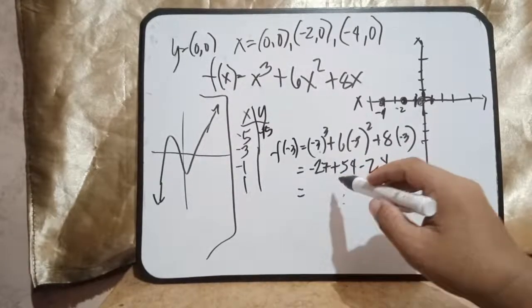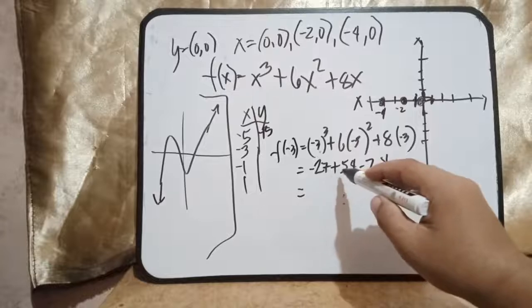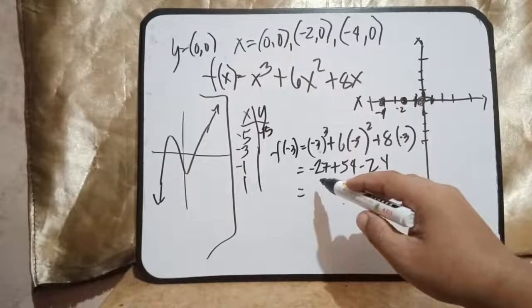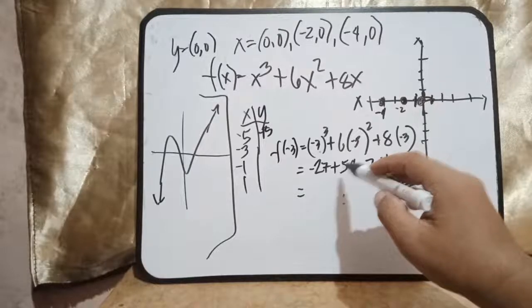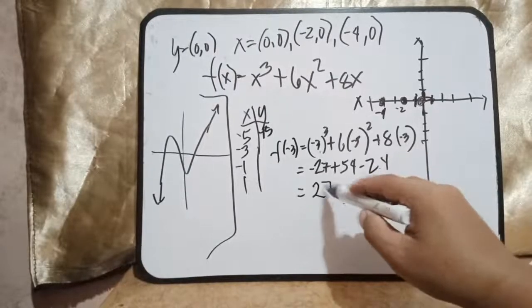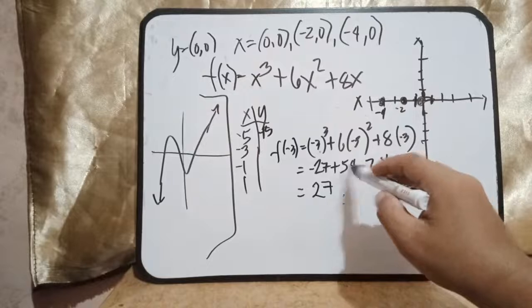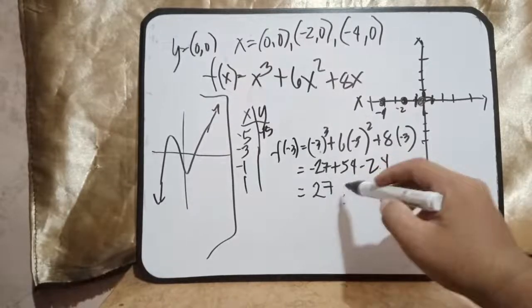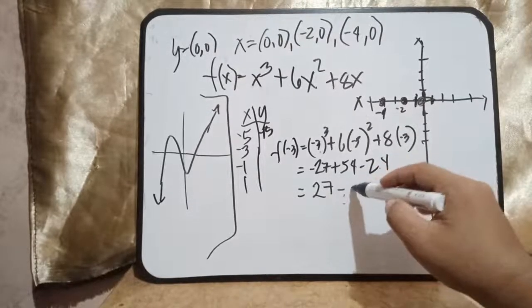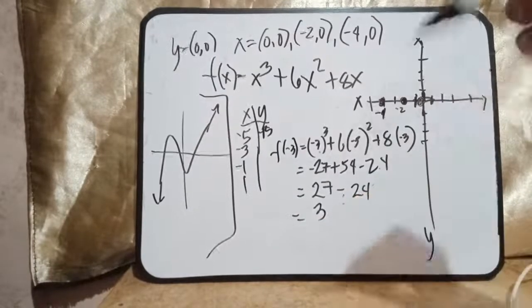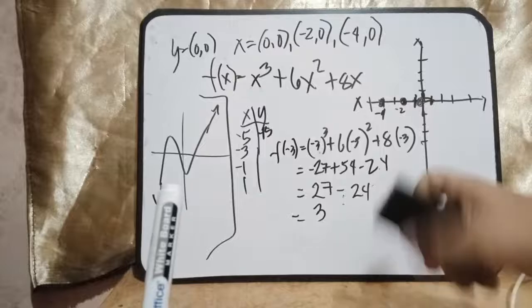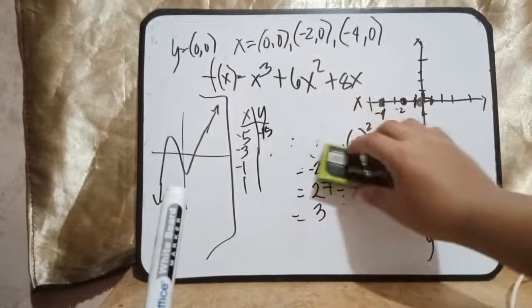The next is negative 27 plus 54, that is 27. Yes, it's 27. And then minus 24, so that is 3 na lang. So ang f of negative 3 natin is 3 na lang.